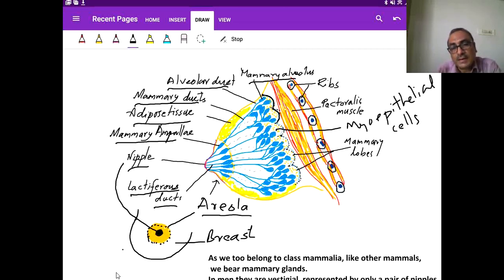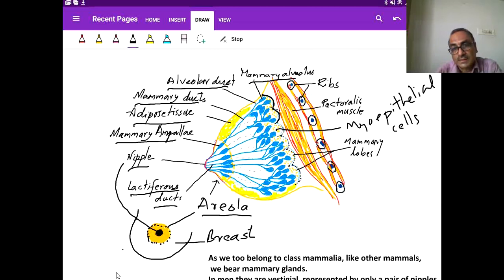Secretion of the milk takes place through a milk ejection reflex. When a newborn baby suckles at the mother's nipple, this sensation is carried by the sensory neurons to the brain center. From there, the information goes to the hypothalamus.